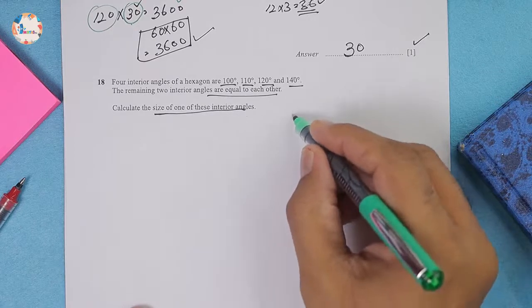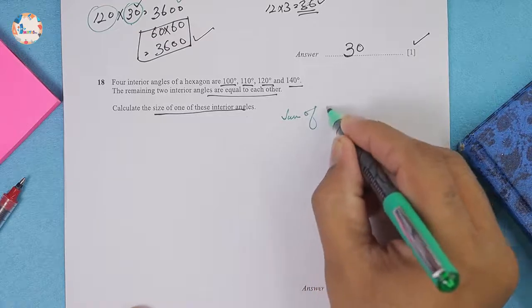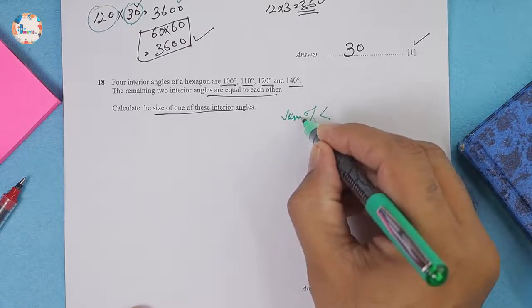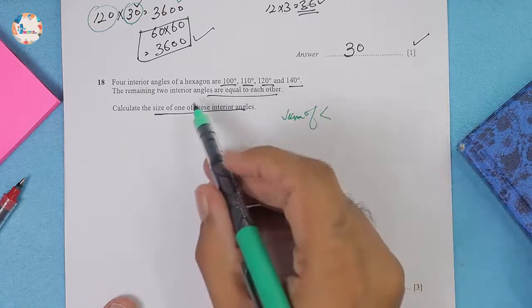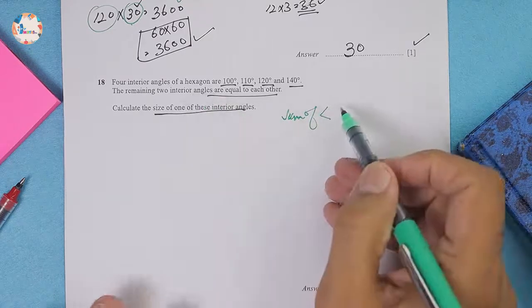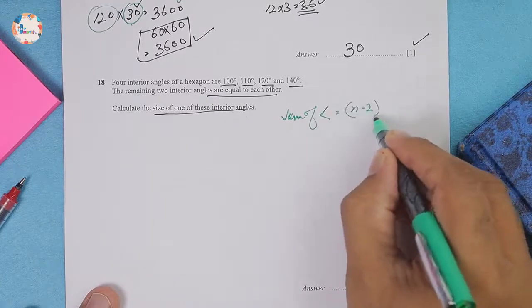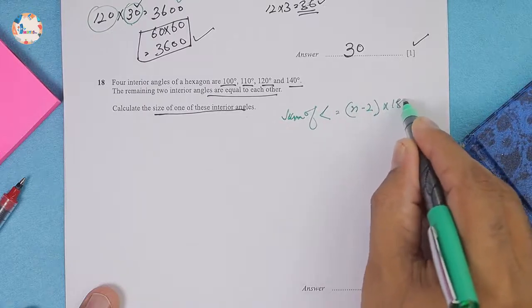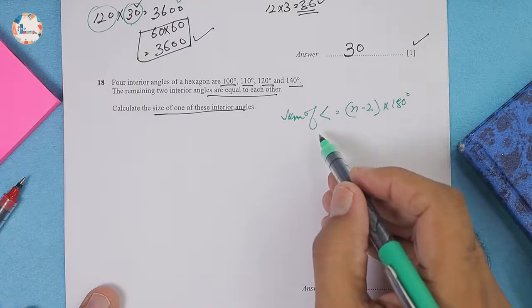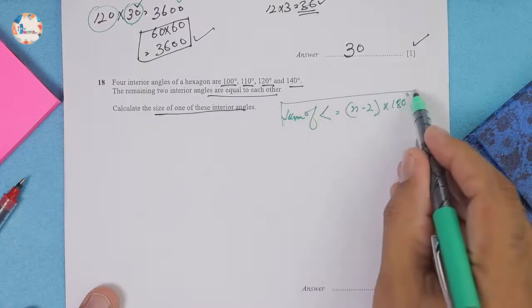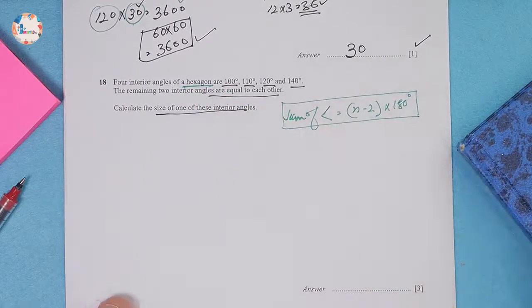Angle sum, the sum of angles in a polygon, is equal to n minus 2 into 180. Here n is the number of sides, and a hexagon has 6 sides.